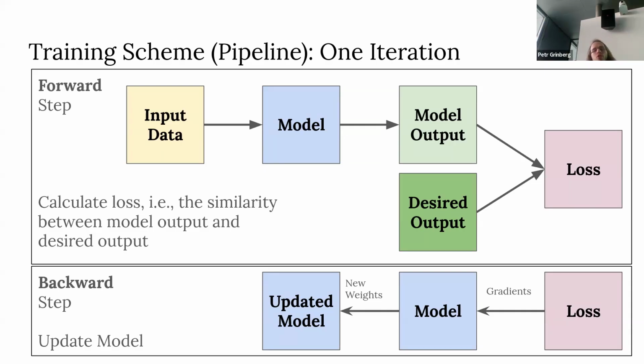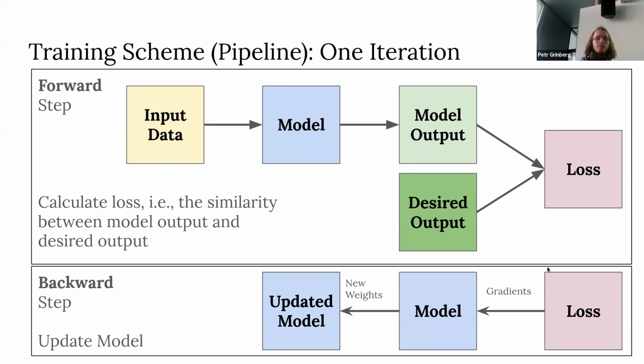But if your model predicts something which relatively looks like a dog, this loss will be smaller. You want to penalize your model for giving wrong predictions, and over time this loss should become smaller and smaller. So your model should predict better and better. Calculating model output and this loss is called the forward step.